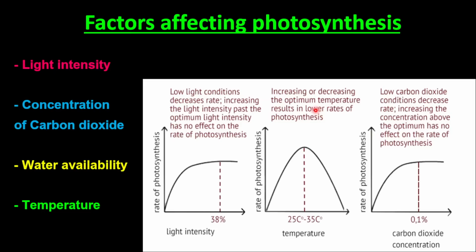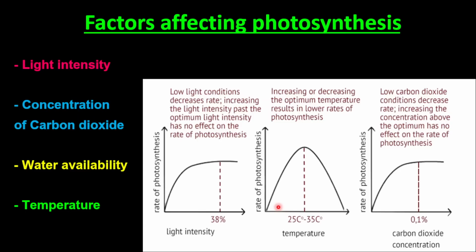Now, temperature is very important, and notice the graph of temperature is different from the rest. Temperature goes up to a peak, which we call the optimal temperature, then it drops right down. The reason the rate of photosynthesis increases with temperature is simple: as you increase temperature, enzymes needed for the chemical reactions of photosynthesis become activated, and then the reactions can take place.